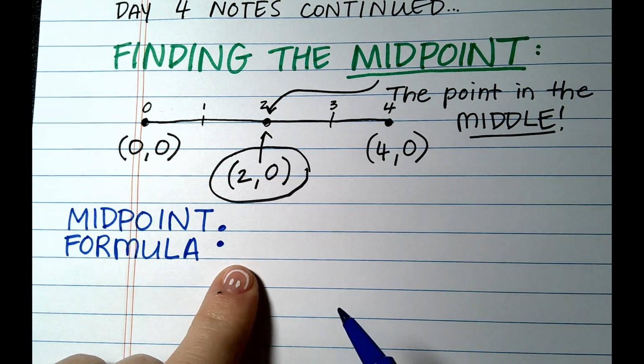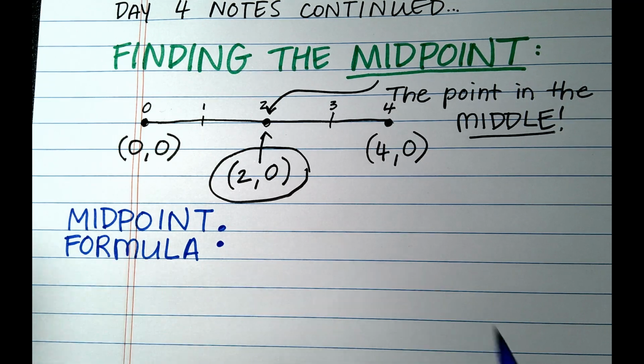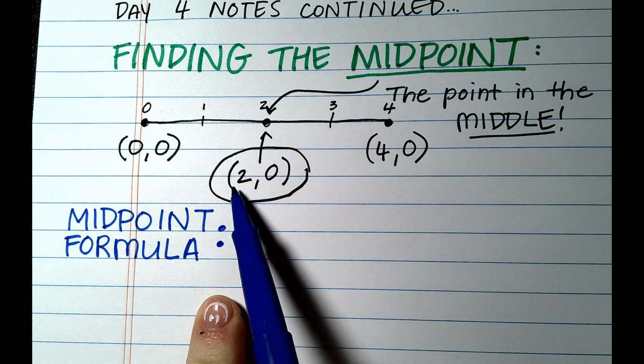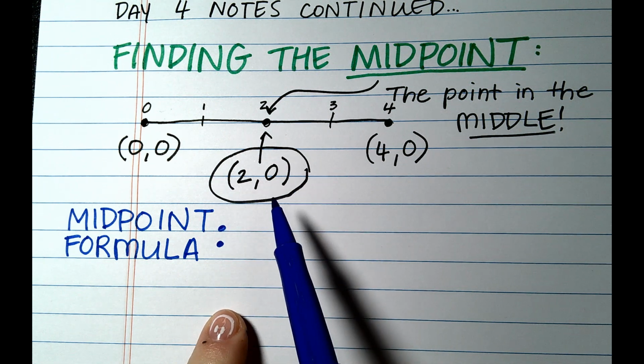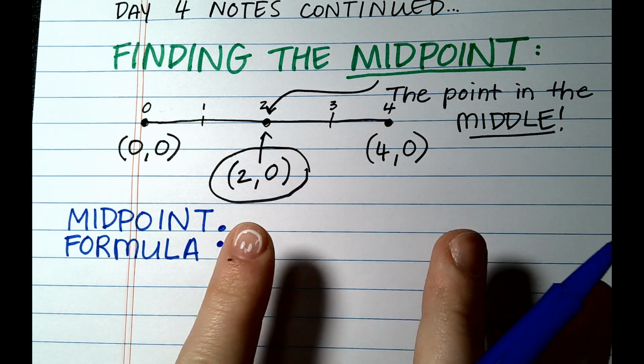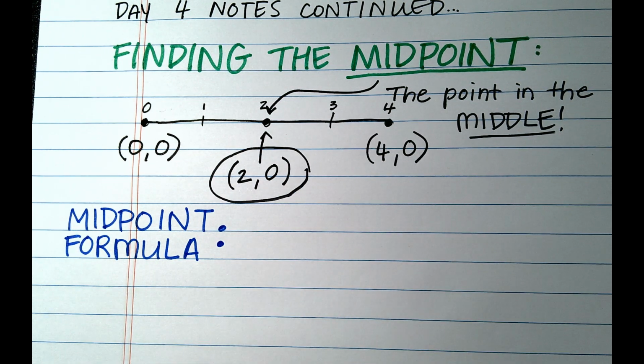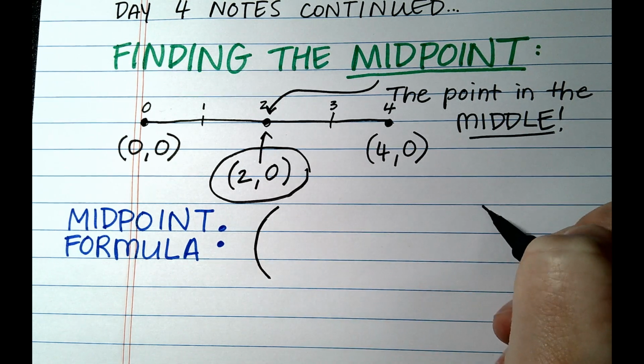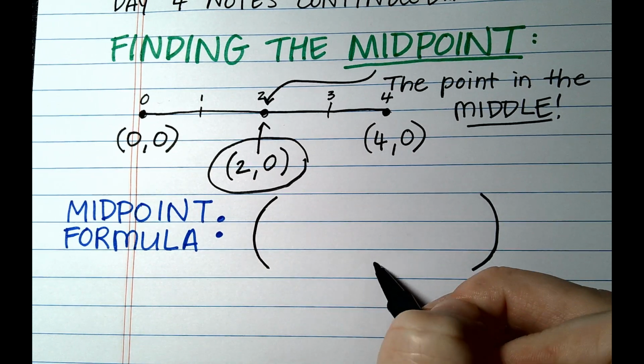But to find the midpoint formula, first of all, our answer is not just going to be a number. Notice how here the midpoint was an x value and a y value. Our midpoint formula is going to give us an x value and a y value as well. So I'm going to start this formula by making a giant coordinate.